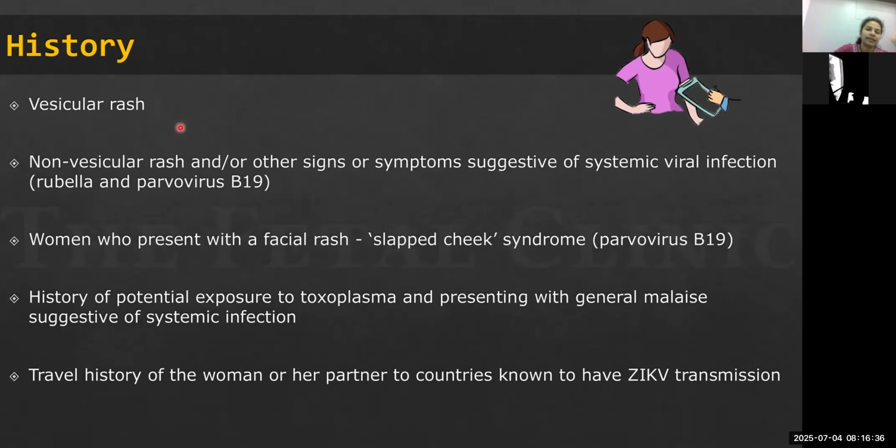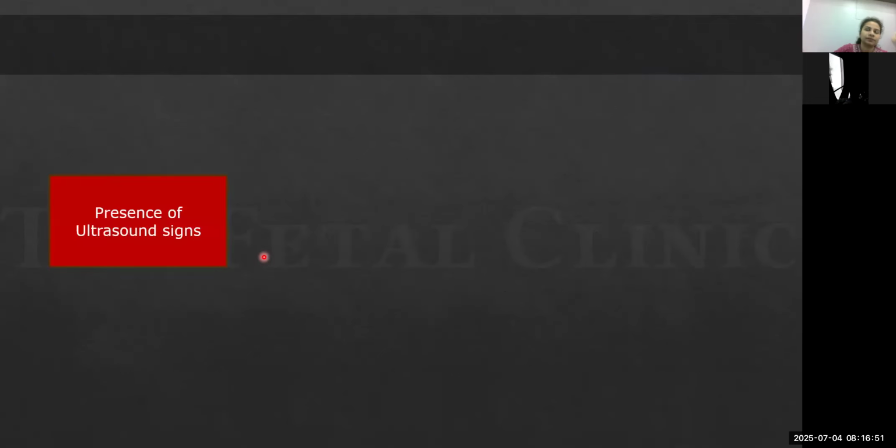So whether there was a vesicular rash or a non-vesicular rash, or a facial rash, or any history of exposure to toxoplasma infection, or any travel history, which may particularly indicate Zika virus transmission. Then we look at the ultrasound examination for the presence of ultrasound signs.